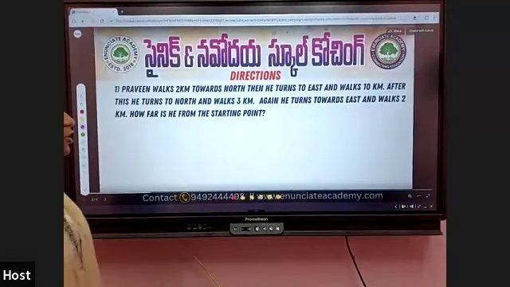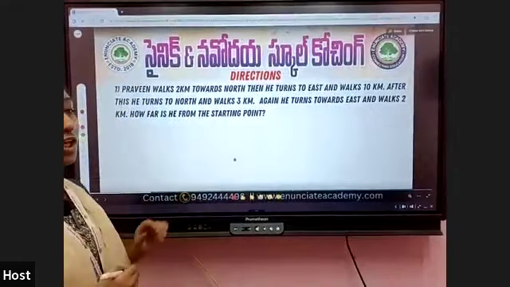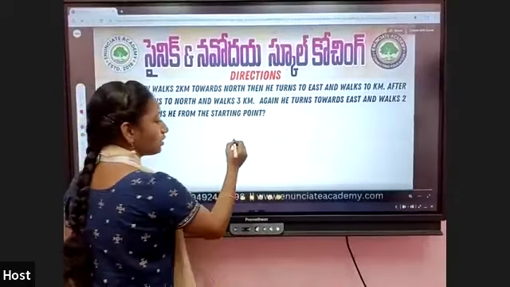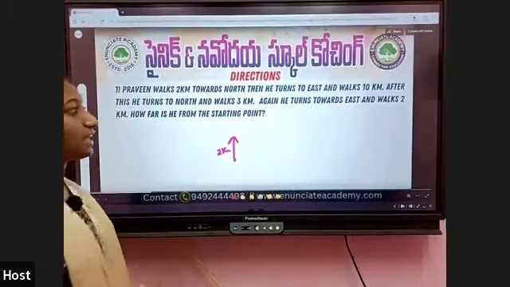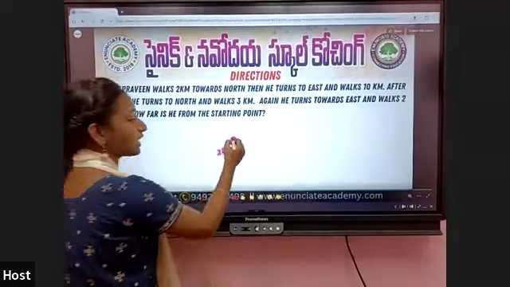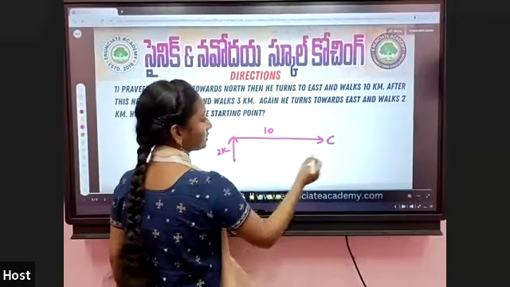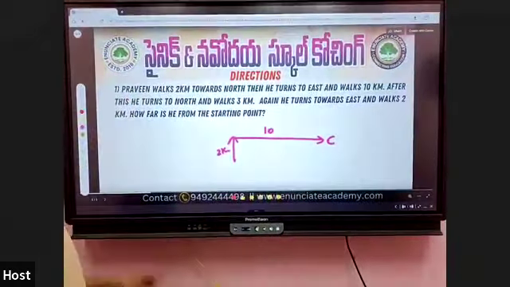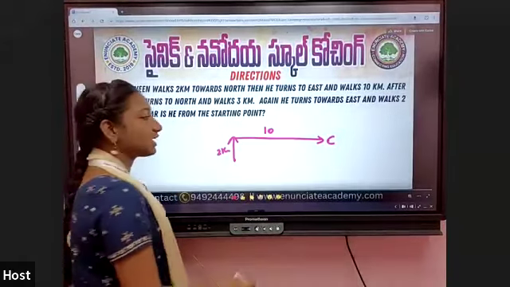Praveen walks 2 kilometers towards north. Here is Praveen. He walks 2 kilometers towards north. Then he turns to east and walks 10 kilometers. After this, he turns to north and walks 3 kilometers.